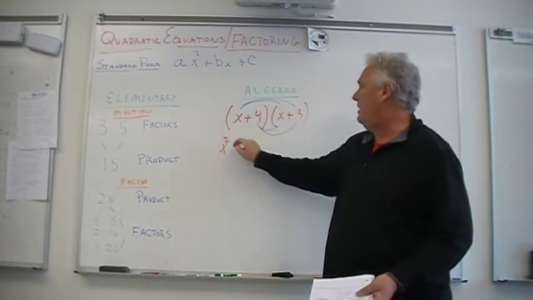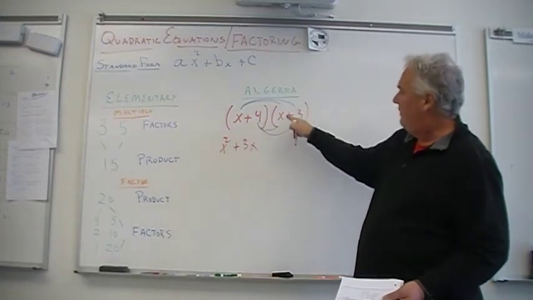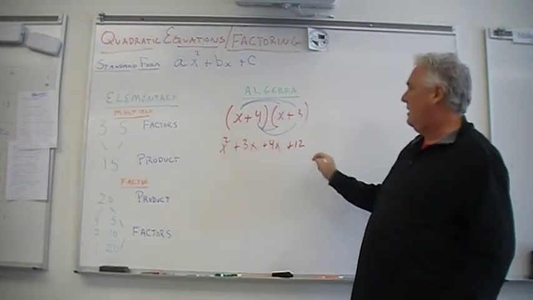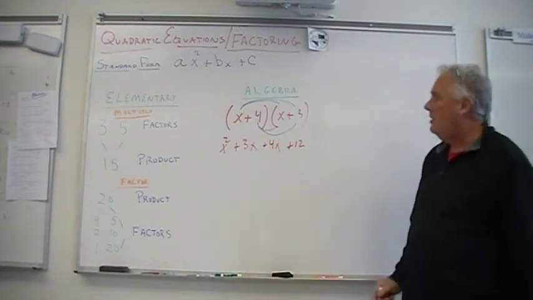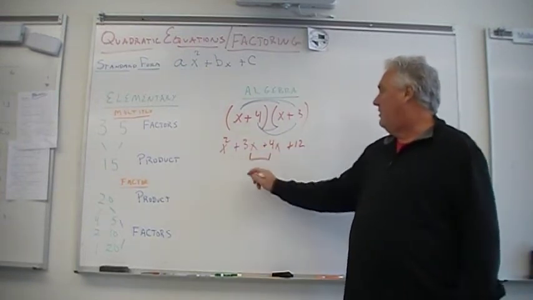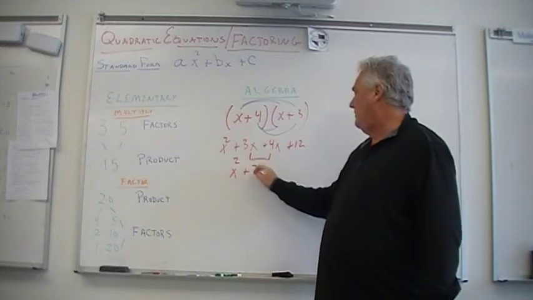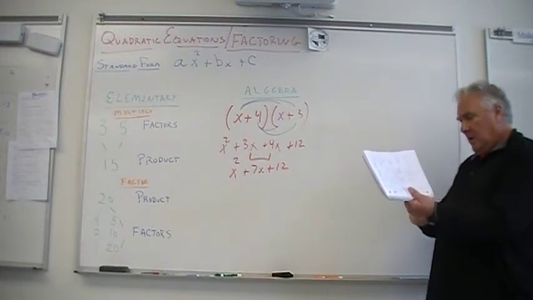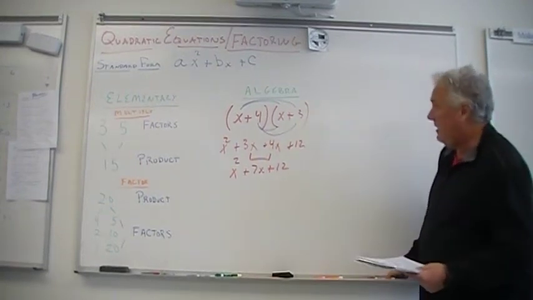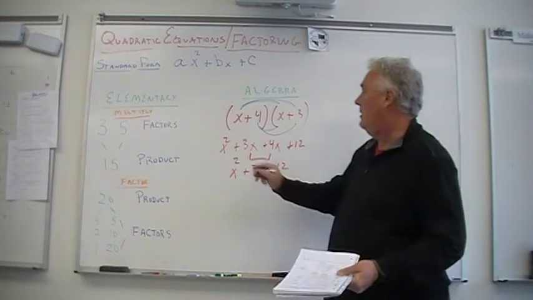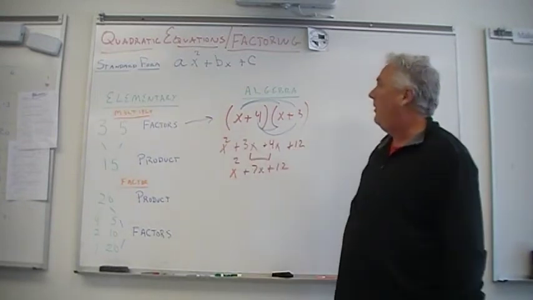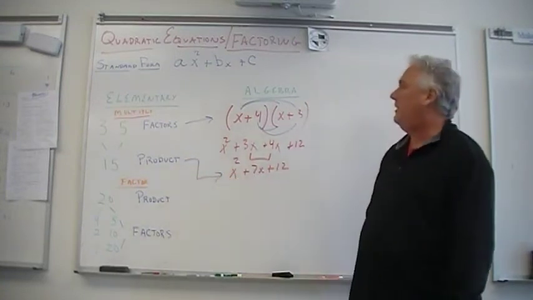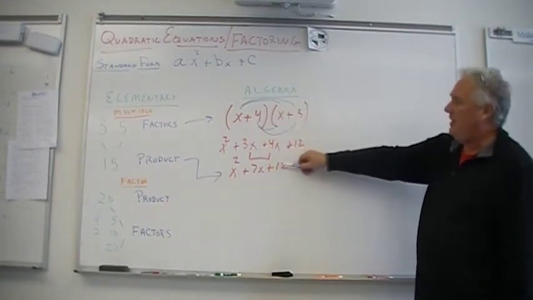X times 3, 3x. 4 times x plus 4x, 4 times 3 is 12. These are common terms, so our answer becomes that. Okay? And you could write that as factors and product. Right there. So multiplying those together, we get a product.